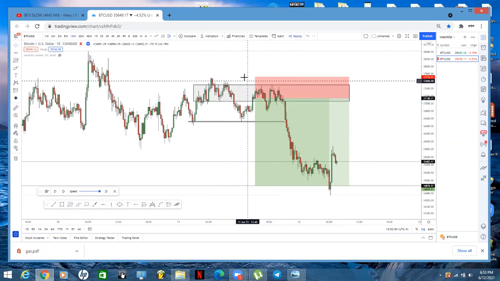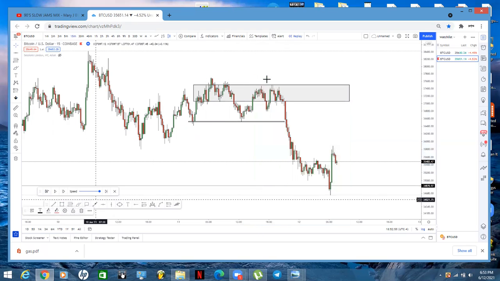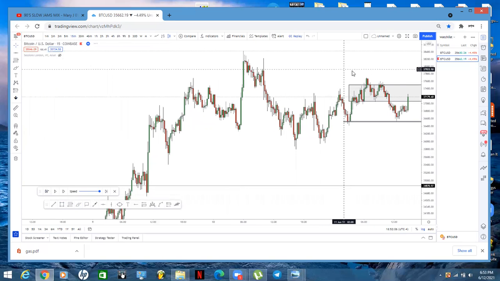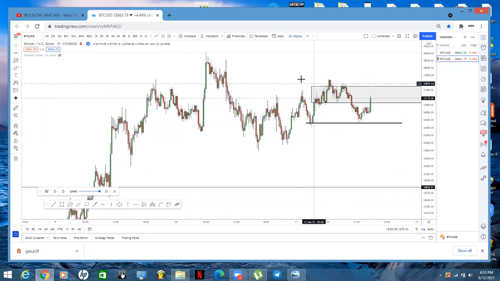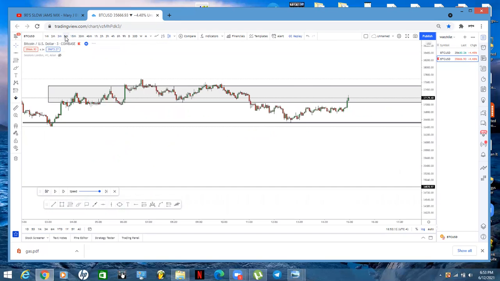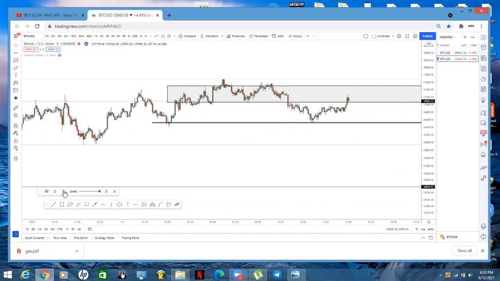If you wanted to refine that, you could have refined that entry as well by dropping down on a smaller time frame when price came into that area. So, say for instance, when this happened, all right, we know that this is the order block on the higher time frame. So we would have gone to, let's go to the 5 minute.